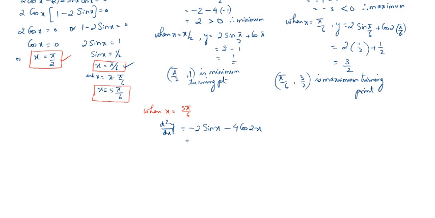It is minus 2 sine 5 pi by 6 minus 4 cos 2 into 5 pi by 6. So this is equal to, I will use the calculator, minus 2 sine 5 pi by 6 minus 4 cos 2 into 5 pi by 6 together.